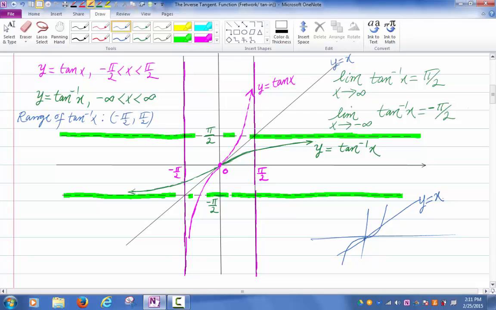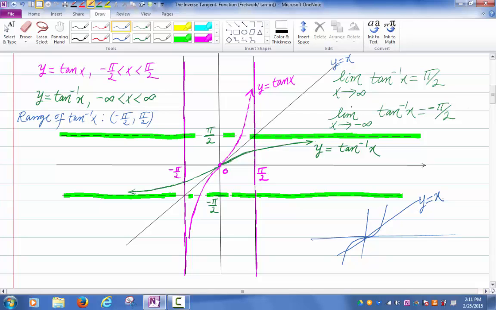Remember what I said. The graph of tangent inverse will have a horizontal asymptote at pi over 2. It will have a horizontal asymptote at negative pi over 2. Right? Everybody's clear? What else do I know?